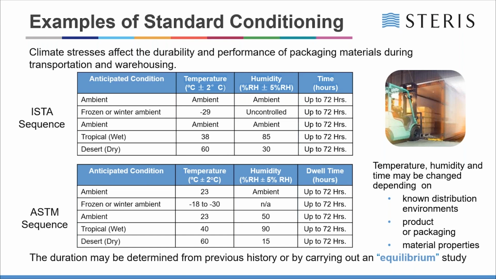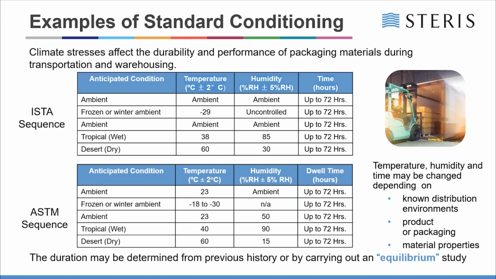The one thing that's fairly common in both of them is that it states that the conditions that you can expose the product to is up to 72 hours. But it doesn't give you a definition. So if you were to basically go through all of those exposures to the different temperatures and humidity levels, it could take you up to 15 days to do the actual conditioning cycle itself.